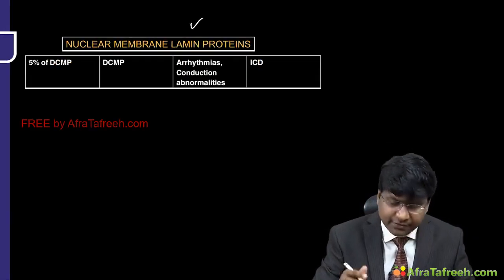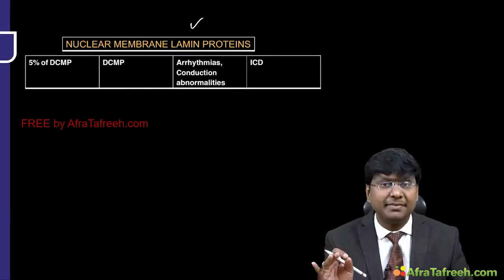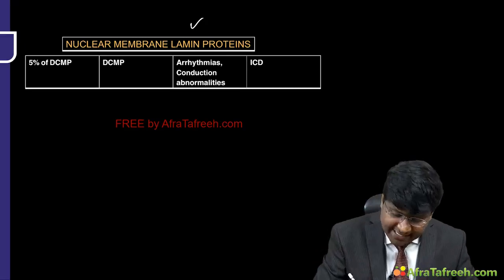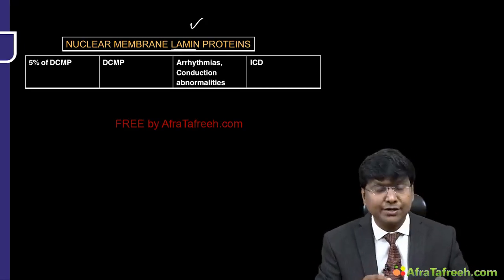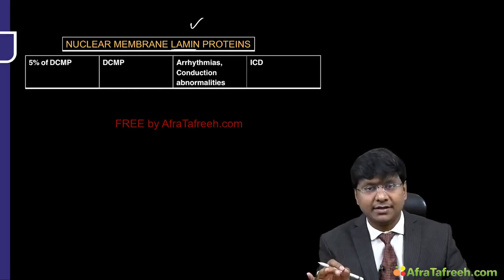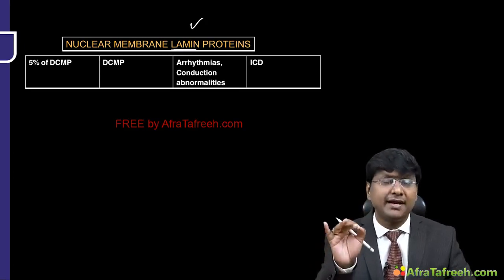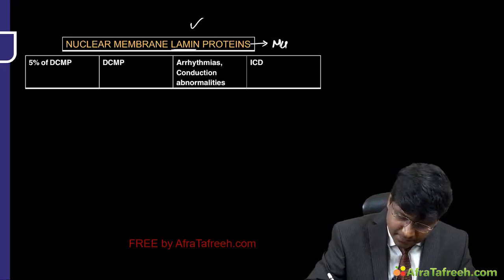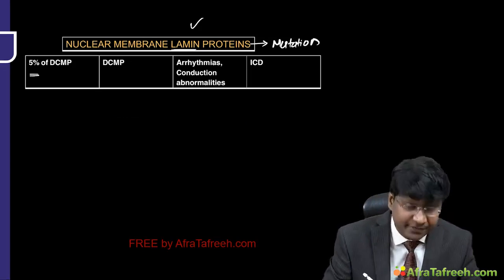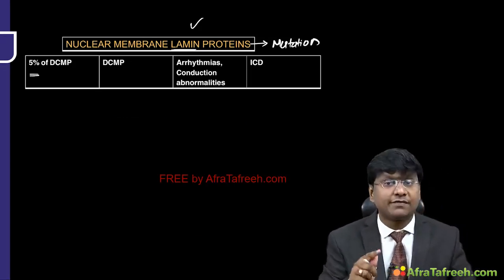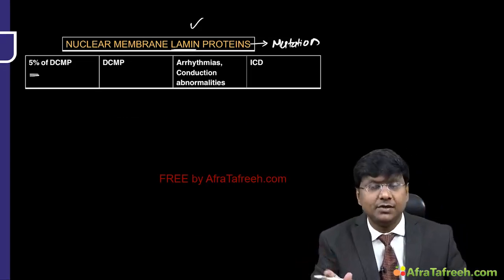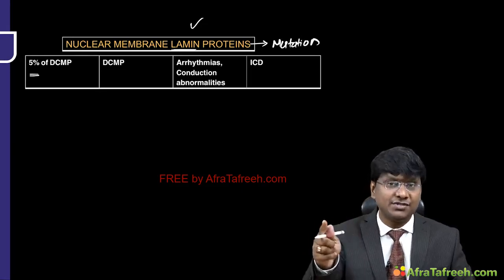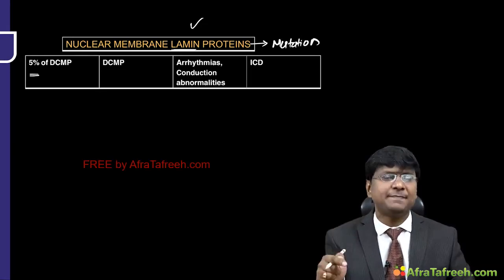The other one is a nuclear membrane protein called lamin, right? Nuclear membrane lamin protein mutation is responsible for 5% of causes of dilated cardiomyopathy, whereas titin gene mutation was responsible for almost 25% of causes.